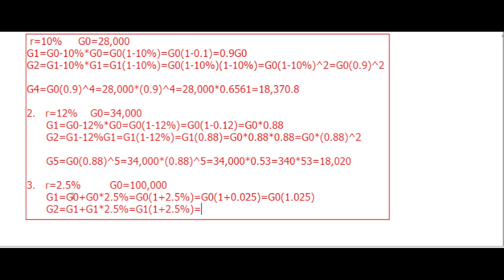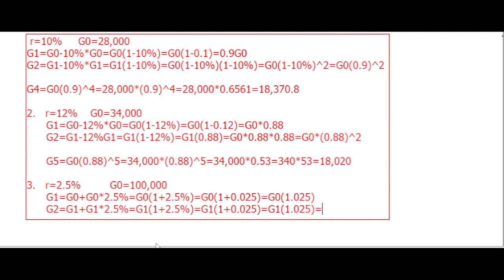This is equal to G1 into 1 plus 0.025, which is G1 times 1.025.